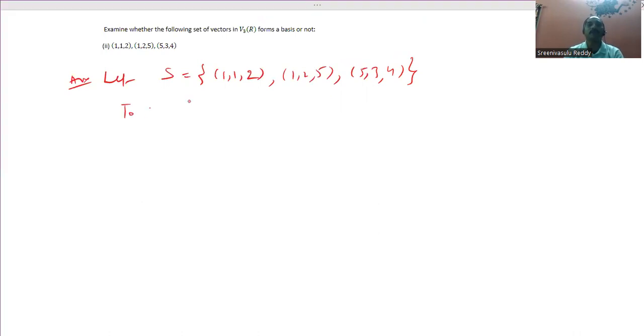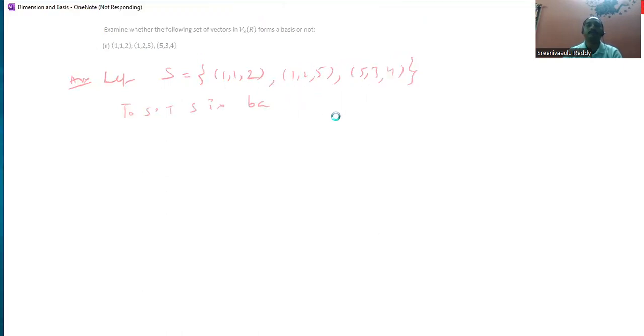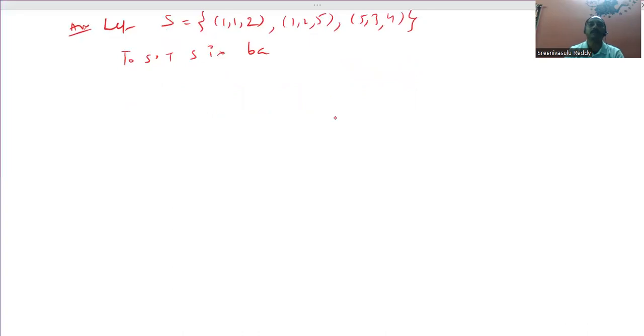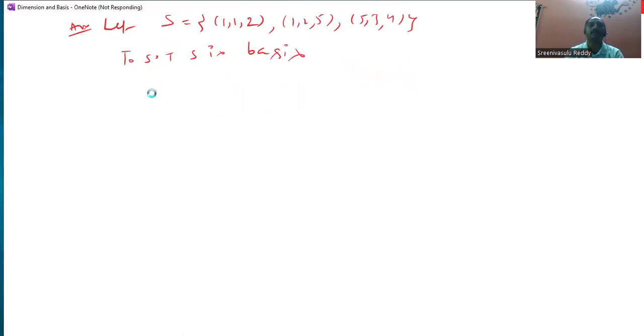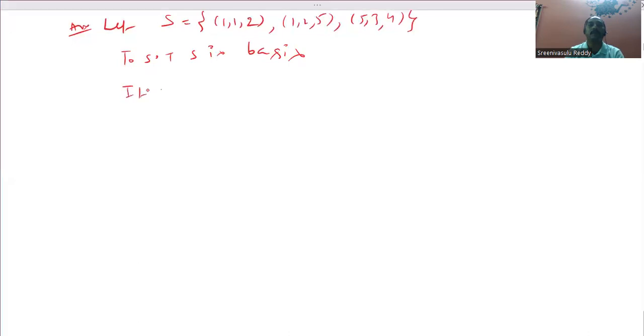To show that S is a basis, it is sufficient to show that first condition, S is linearly independent.